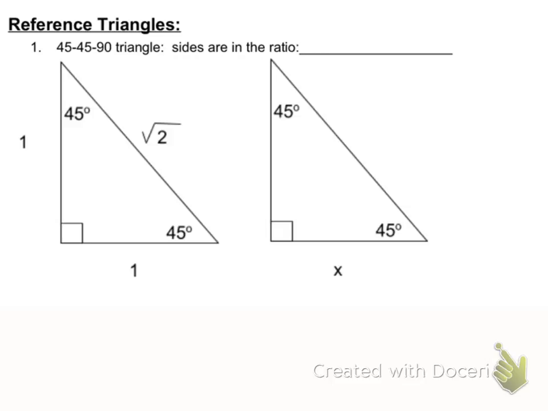I will most likely put the 90 in the bottom left-hand corner and put 45 and 45. We know that if we knew one 45-degree angle, the other one has to be 45 because they have to add up to what? All of them have to add up to 180, or the two other angles have to add up to 90 because 90's already been taken off.